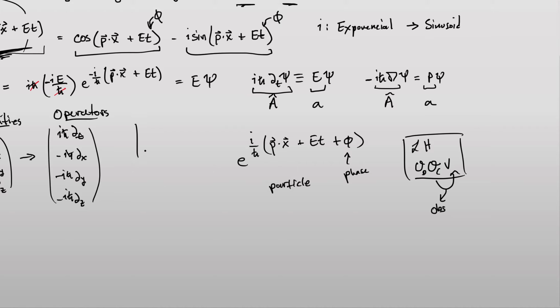Suppose we had a graph that looks like this, our original wave, and our shifted wave might be something like that. So this is with the phase shift, and the red is without the phase shift.